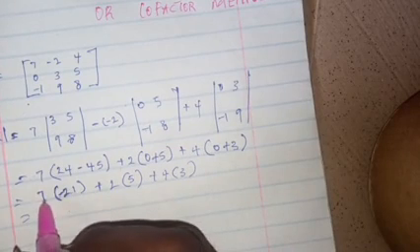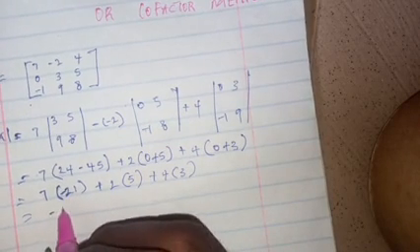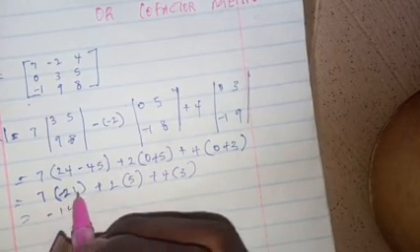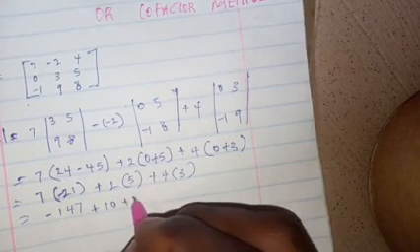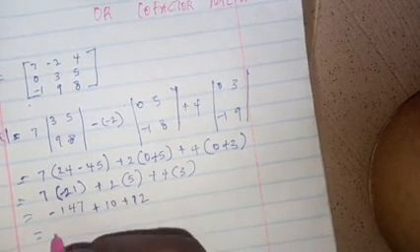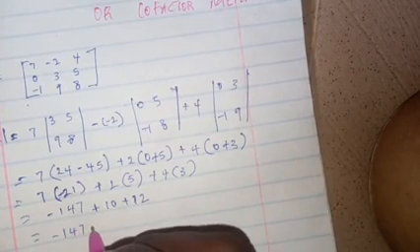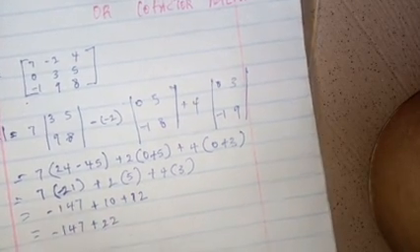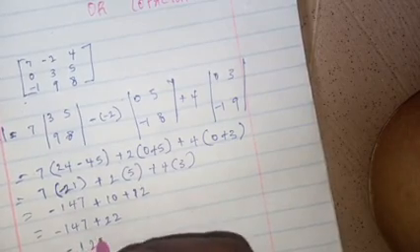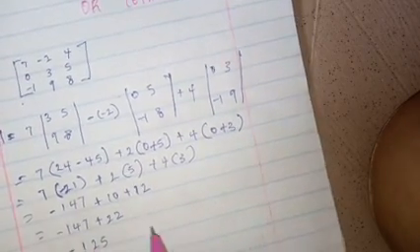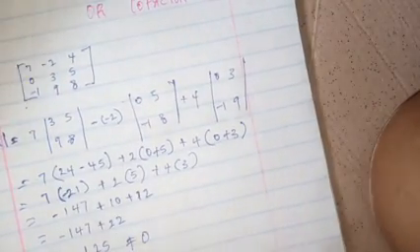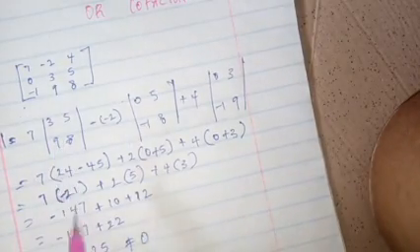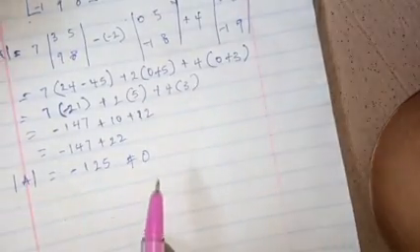So 7 multiplied by minus 21 is minus 147, plus 10 plus 12. This is equal to minus 147 plus 22, which is minus 125. So the determinant of A is equal to minus 125, which is not equal to 0. Since the determinant of A is not equal to 0, we can say A is invertible.